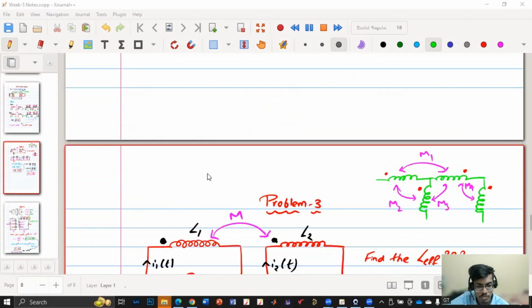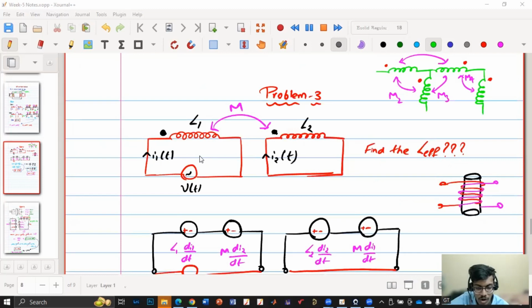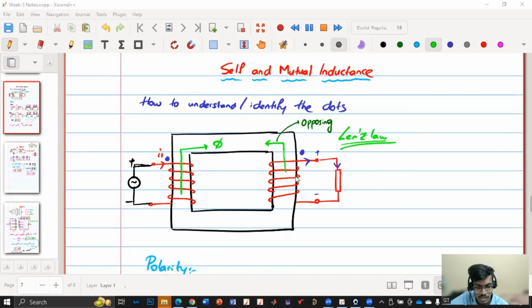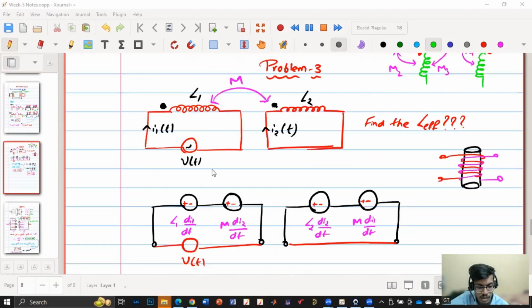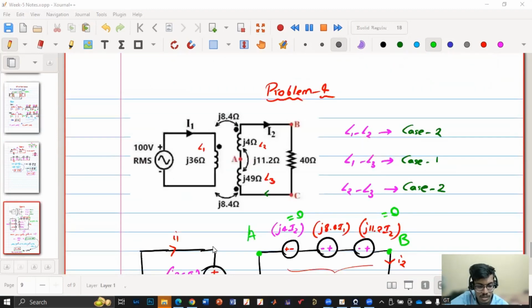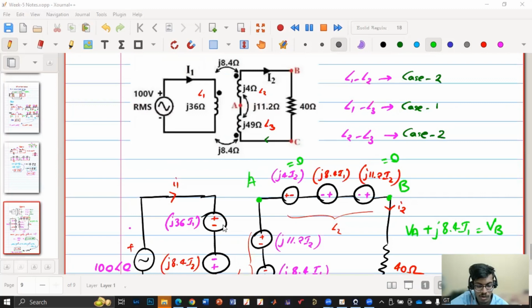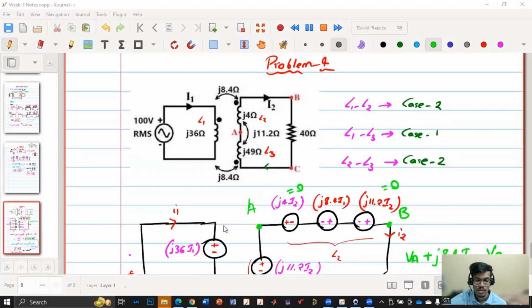In any of these problems, they will not say how the wire is wound, whether clockwise or anti-clockwise, even though you can get it from the dot convention. Without going further into the wire winding, we say that if the current is entering the dot, then because of the mutual inductance, the polarity will be positive or negative. They have denoted a dot convention that is followed universally so that there will be no confusion, and this is much easier.